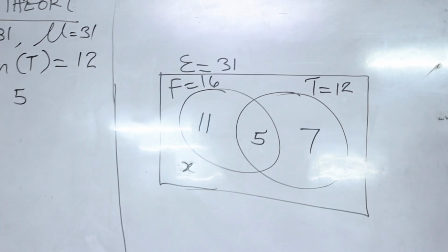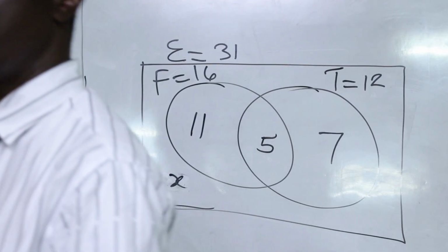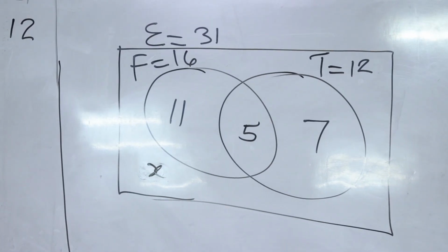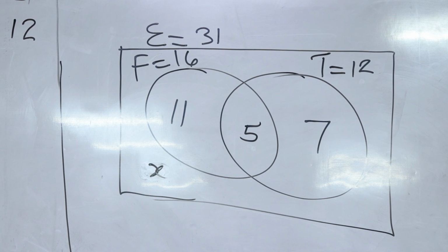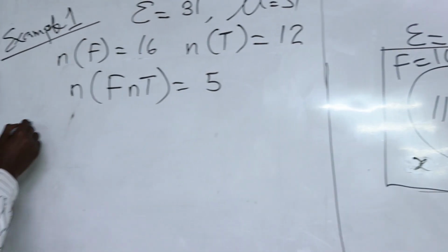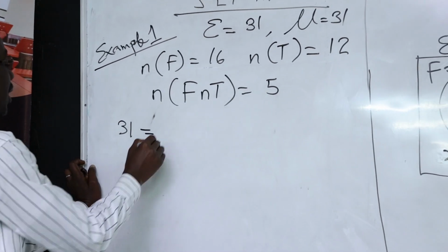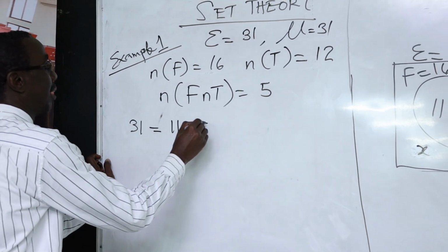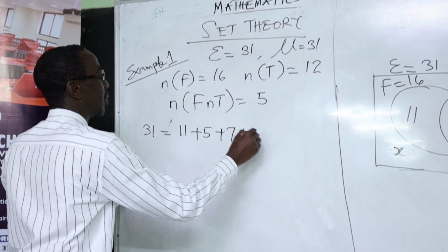That's when my diagram is complete. Are we on the same page? Great. So with this, I can now turn this diagram into a simple equation. I can say my universal set, which is 31, is the same thing as 11 plus 5 plus 7 plus x.